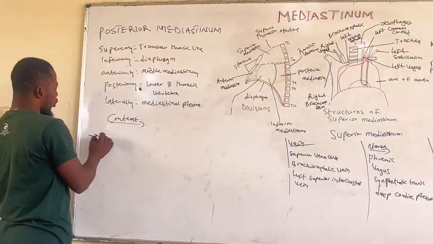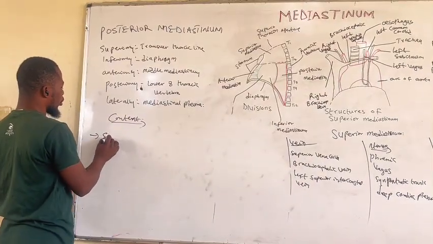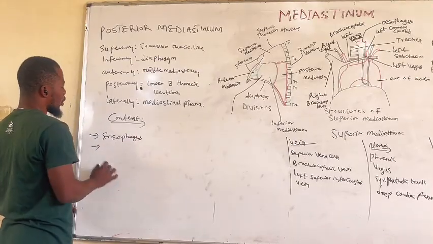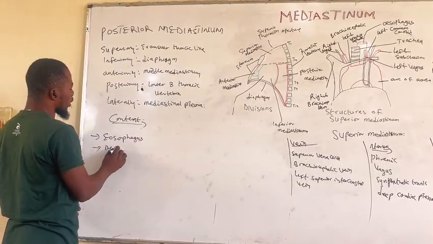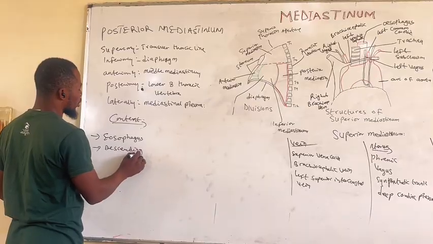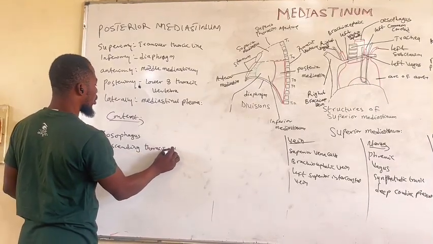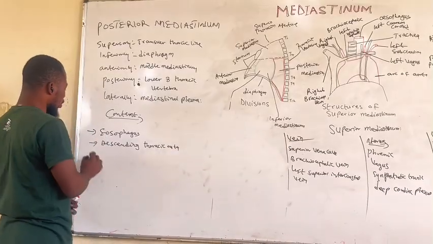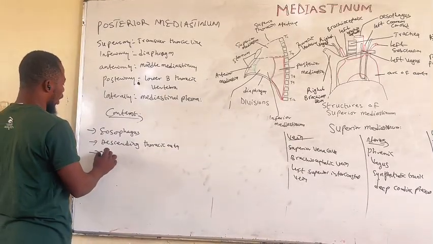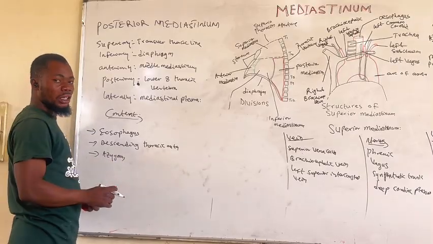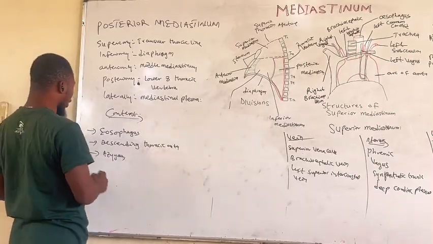Contents are, you can see there is the esophagus, there is the descending thoracic aorta and its branches, there is the azygos vein, hemiazygos vein, as well as accessory hemiazygos vein.